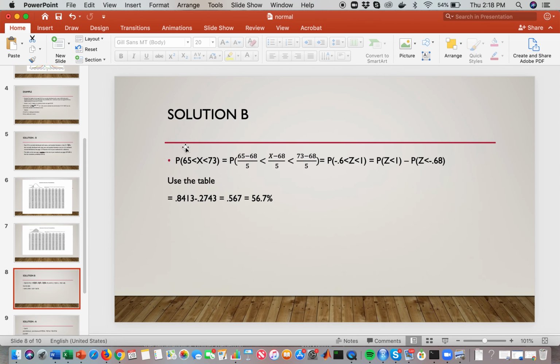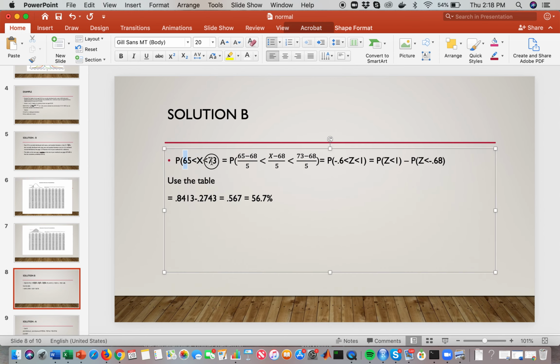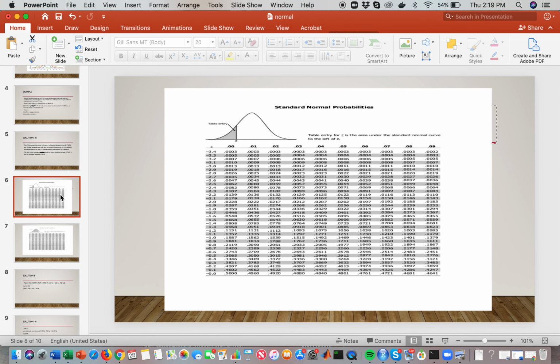Okay, so if I want to calculate this probability, the first thing I do is I standardize everything. When I calculate these numbers, I get negative 0.6 and I get 1. Okay. Now notice the table is for the probability of everything less than z. So that's the cumulative. Okay.